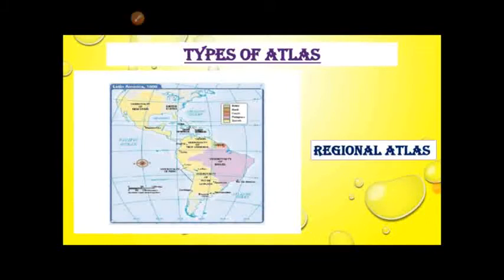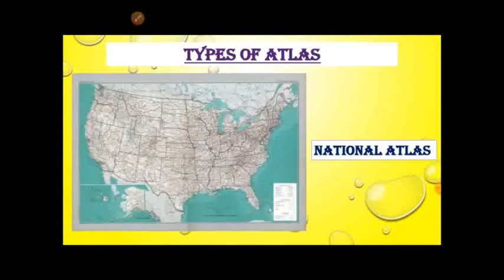Regional atlas. A regional atlas contains detailed maps of small areas prepared with a view to help in regional planning. National atlas. A national atlas contains detailed maps of a country.